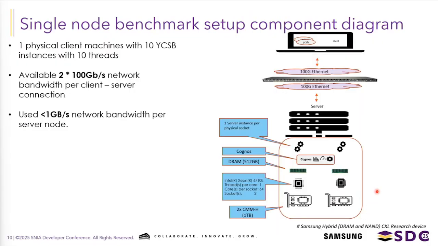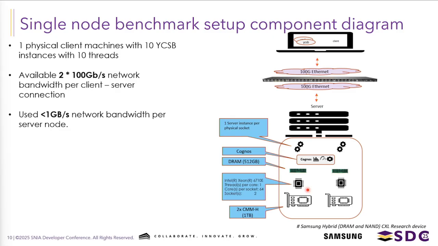Okay, so drilling down a little bit more on the setup which we used for single node. We used one client for running the YCSB client, and this is where all the queries are injected from. It goes over the 200 gig network to the single node. You have 2 sockets, and we used 2 Gemfire instances, though it can be any in-memory database.